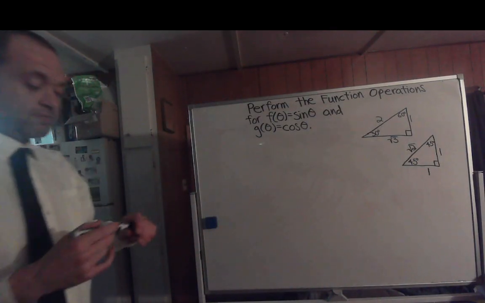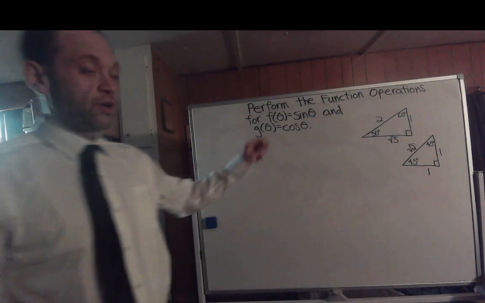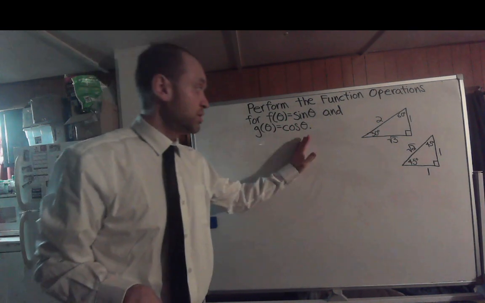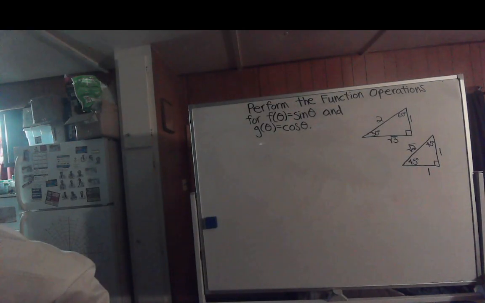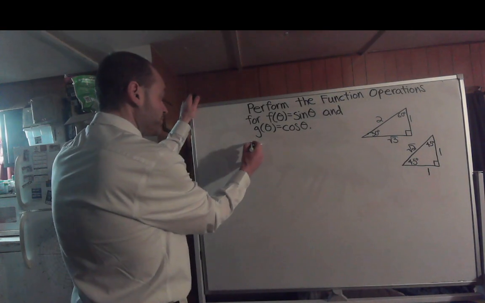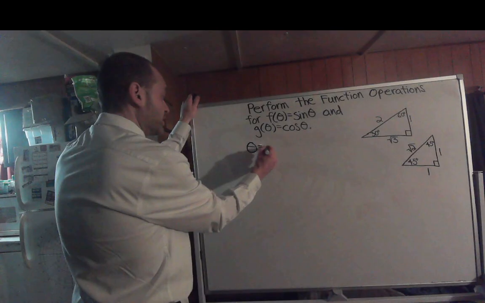So we're going to do some function operations here. We're given that f of theta equals sine of theta and g of theta equals the cosine of theta. So we're going to do it here for theta is 30 degrees.